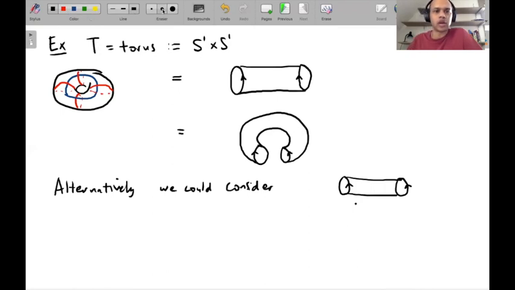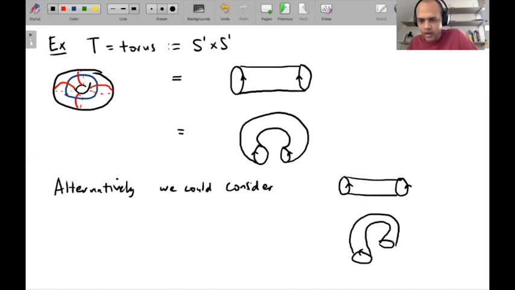So the picture is sort of like I take these and the gluing now is matching them like this.